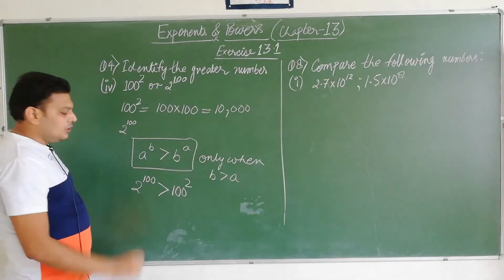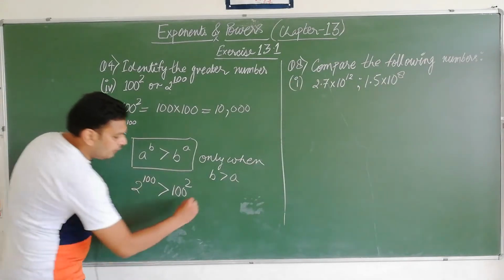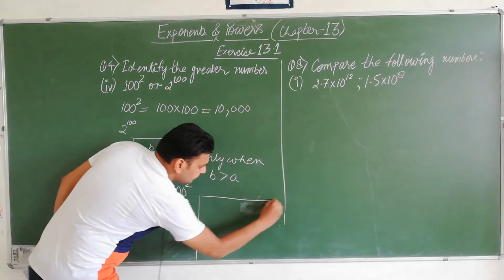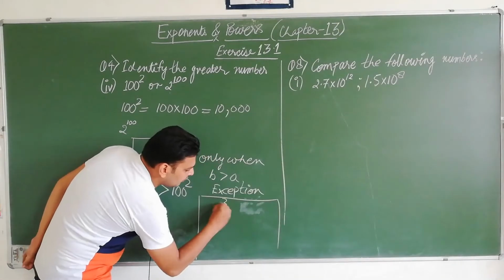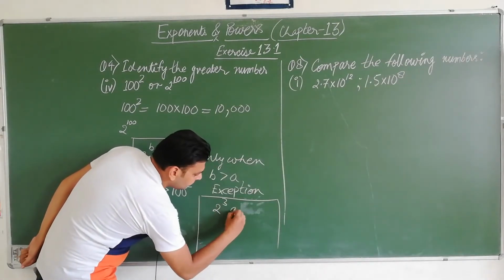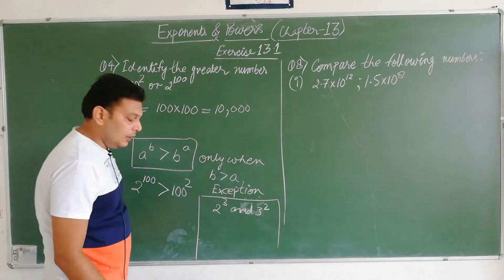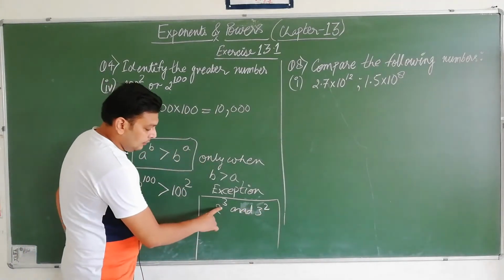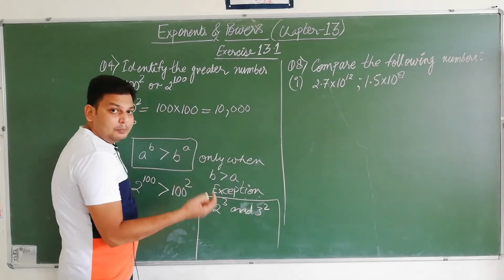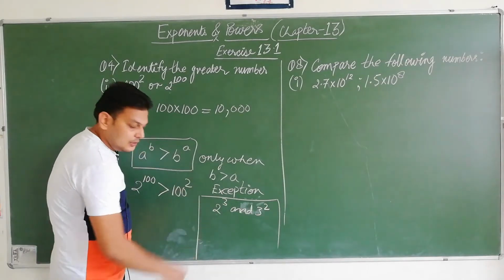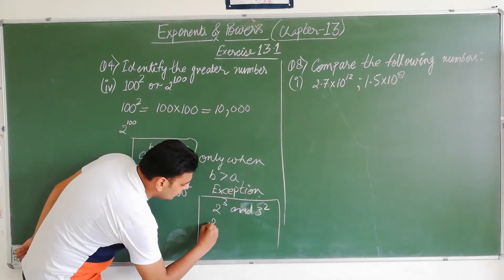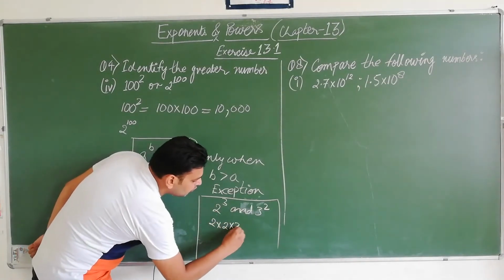There is an exception case. Suppose we have to compare 2 to the power 3 and 3 to the power 2. We know that the number having the highest power would be greater, but in this case 2 to the power 3 means 2 into 2 into 2.